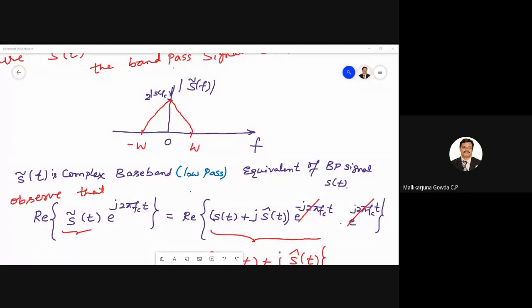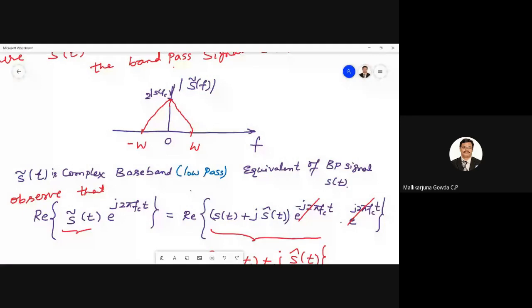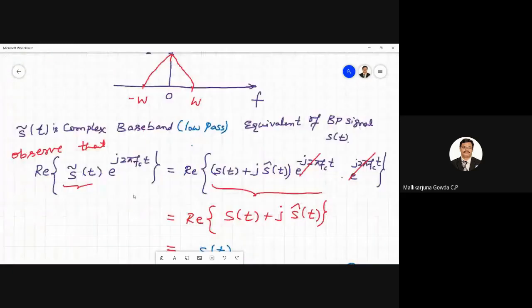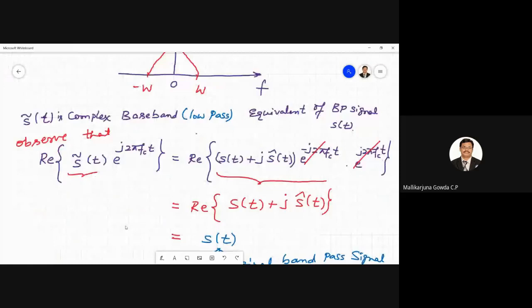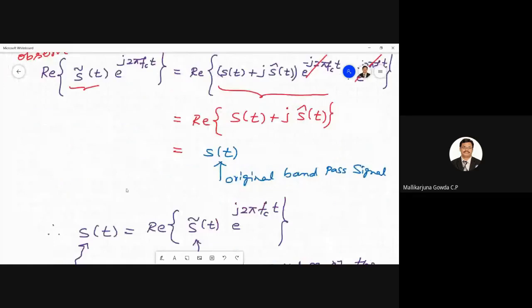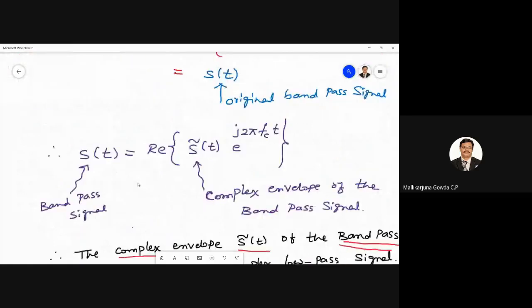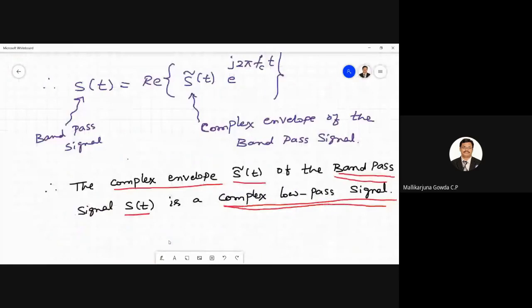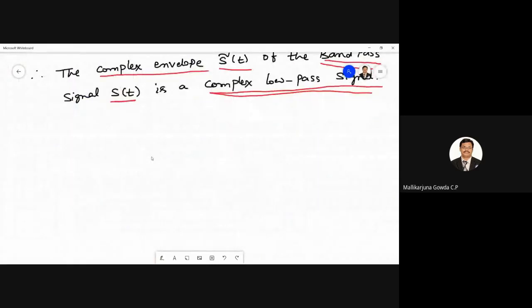Okay, so now let us try to understand the canonical representation of the bandpass signal. Canonical representation means it is the standard way of representing the bandpass signal. How do we represent the signal in a standard way? So here two things are there. One is by using Cartesian form. Another one is by using polar form to represent this bandpass signal. First, let me go with the Cartesian form.